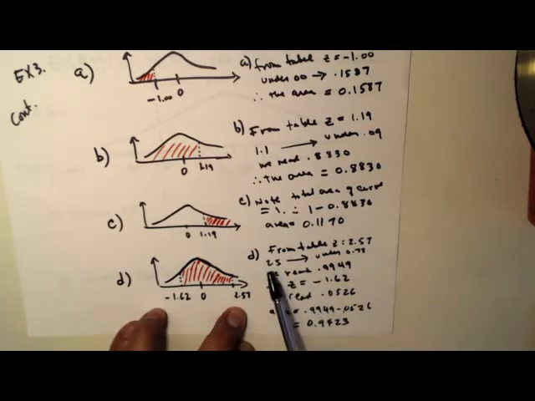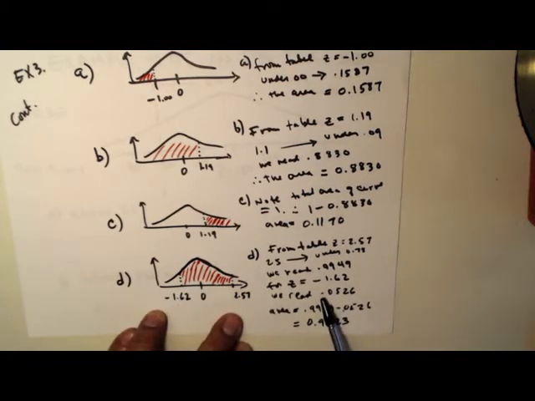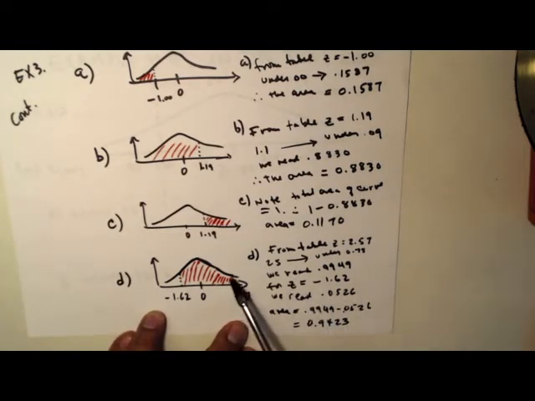And then we read under the 2.5, and then the 7, and we read 0.9949. Now for Z equal to minus 1.62, we read 0.0526. So the area here is going to be basically subtracting.